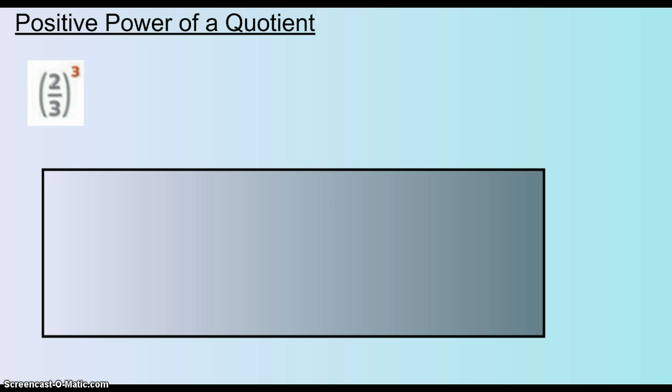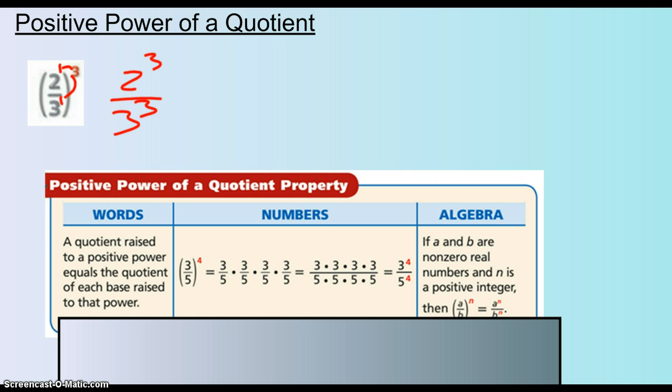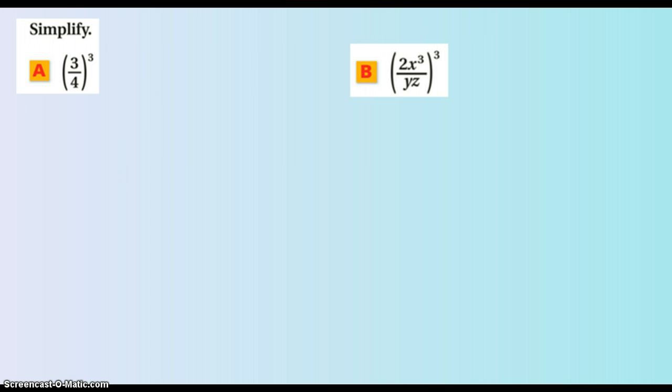Alright, what happens if we have a quotient? Pretty much same deal. This means 2 to the 3rd times 2 to the 3rd times 2 to the 3rd. So we just distribute that, and we have 2 to the 3rd over 3 to the 3rd, and we can simplify from there. Alright, so here's what this looks like. This is 3 to the 3rd over 4 to the 3rd, because these are both to the 1st power, so I can take 3 times 1 and 3 times 1.